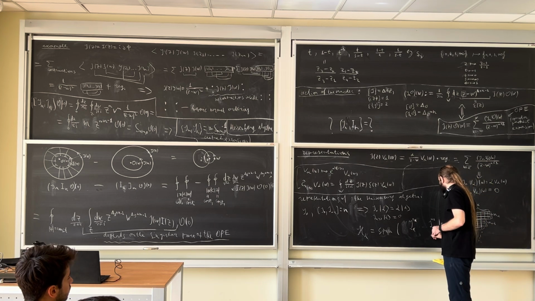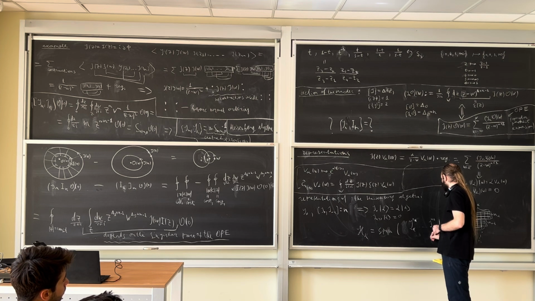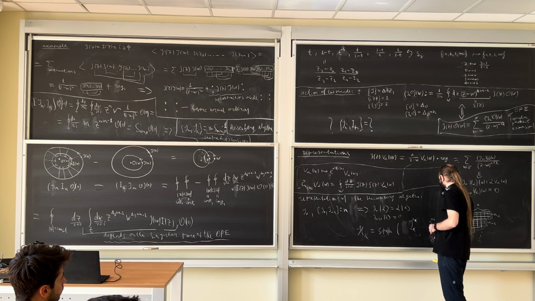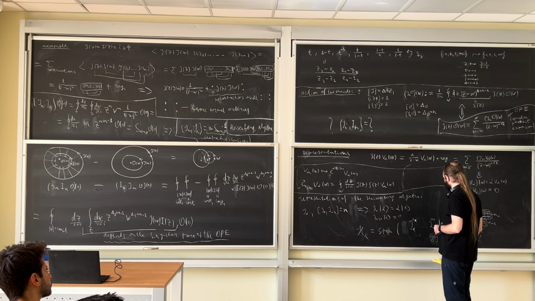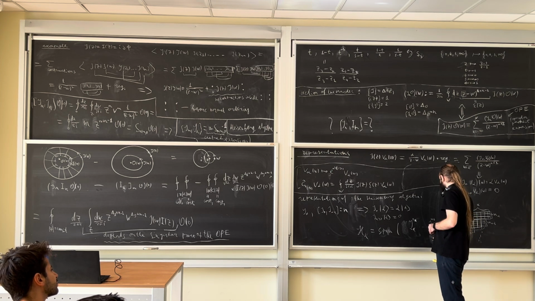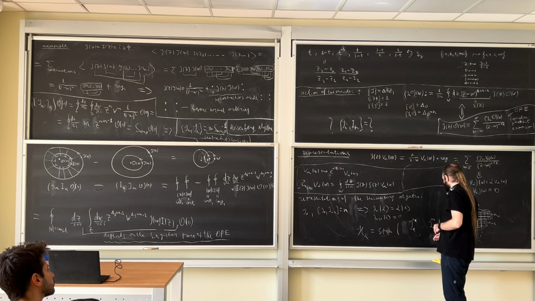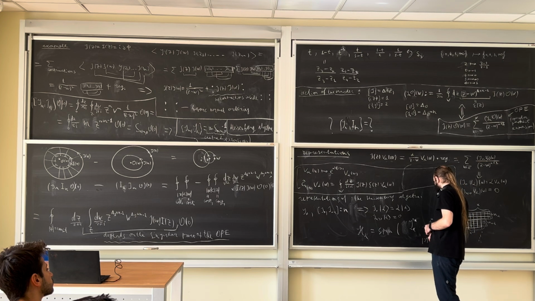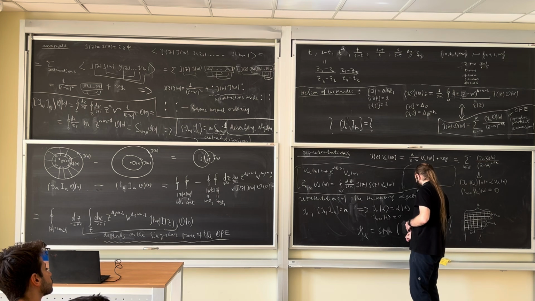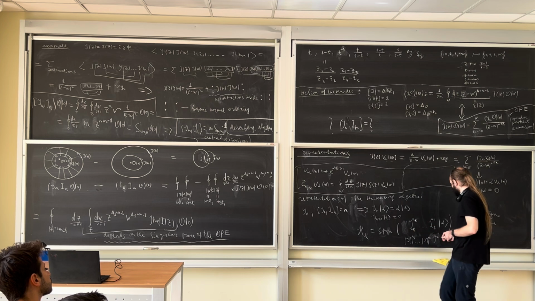Namely, we can write expressions like d^(k1) j to the n1, and so on, d^(k) j to the nk, acting on V alpha.